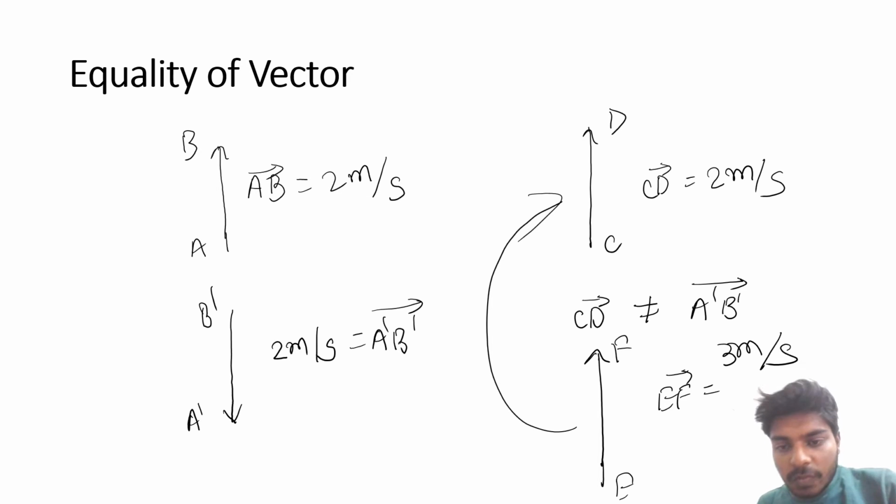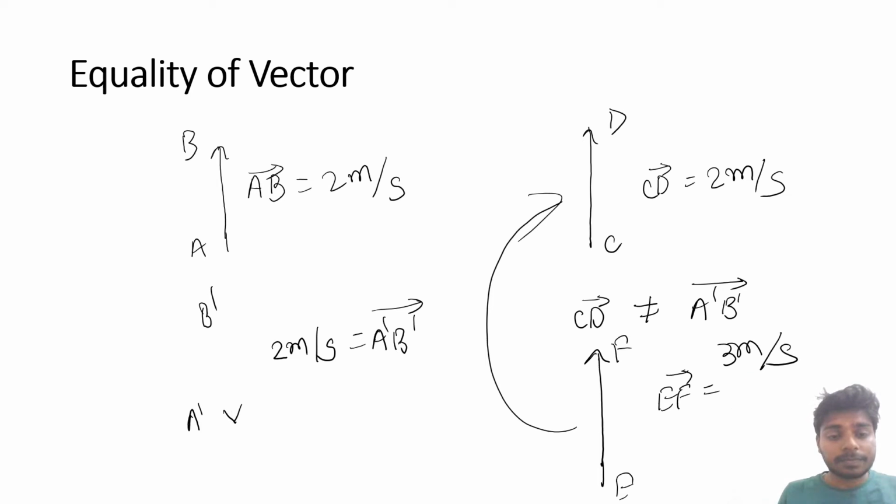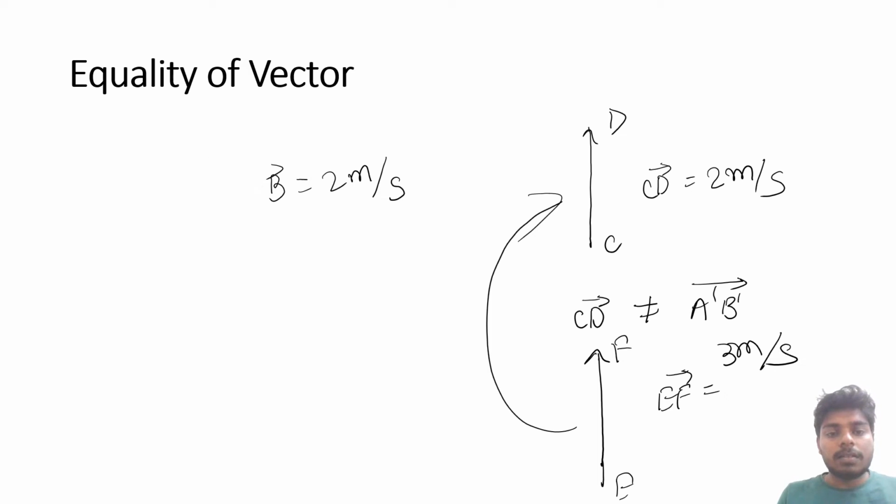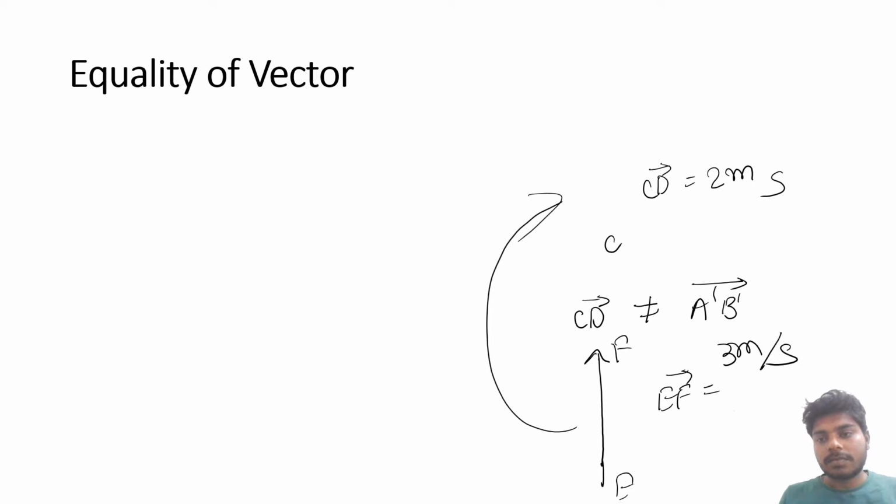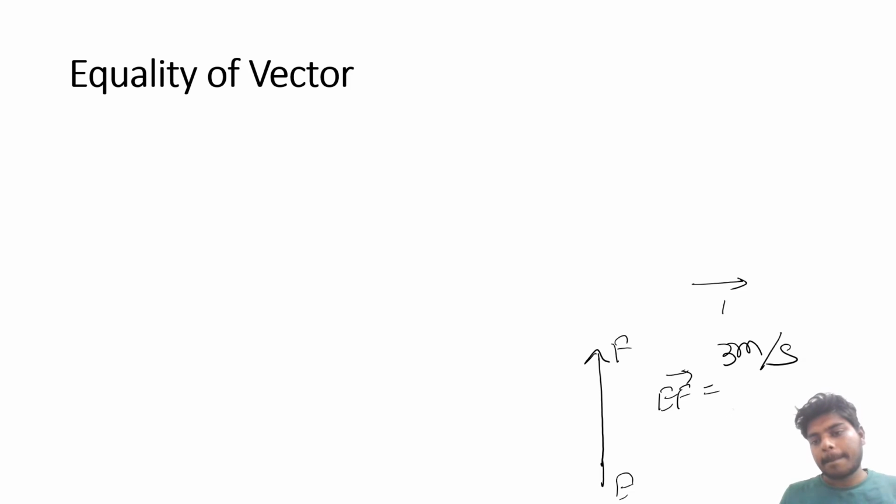So for holding the equality of vectors of the same physical quantity, direction and magnitude must be equal.